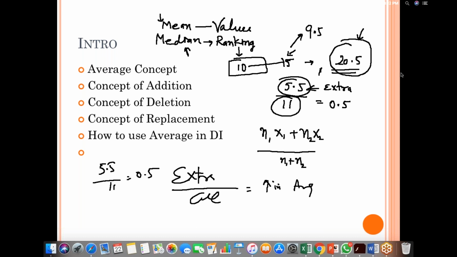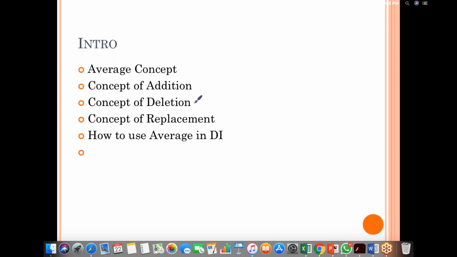Now comes the concept of deletion. How can we solve the question on concept of deletion, right? See, concept of deletion, or removal, or a person leaving the group, is, let us say we are 12 over here, and the average age of 12 of us is 33 years, right?